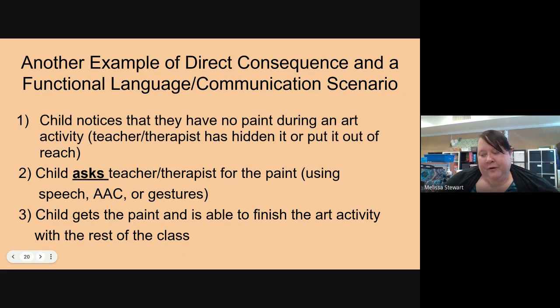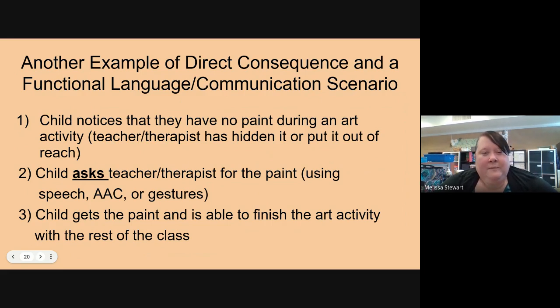Another example of direct consequences of functional language, a communication scenario that we might do as therapists in school, is a child notices that they have no paint during an art activity. So the teacher or therapist has hidden it or put it out of reach, so the child has to ask. The child asks the teacher or therapist for the paint, either using speech, gestures, or maybe their AAC device.